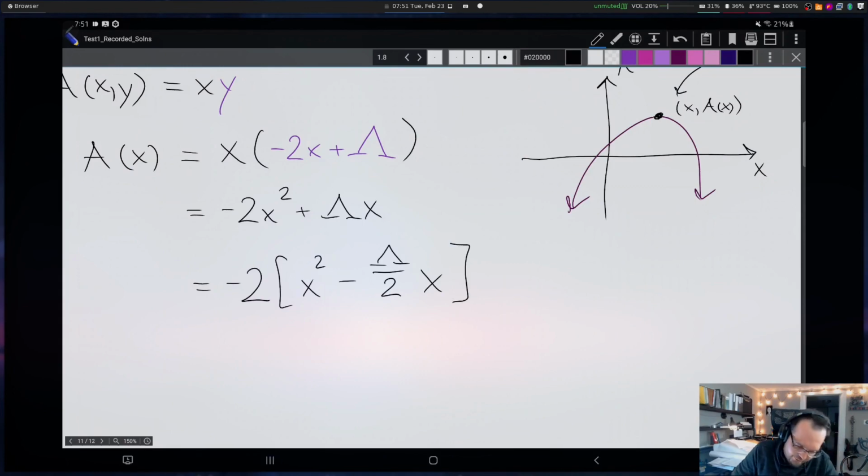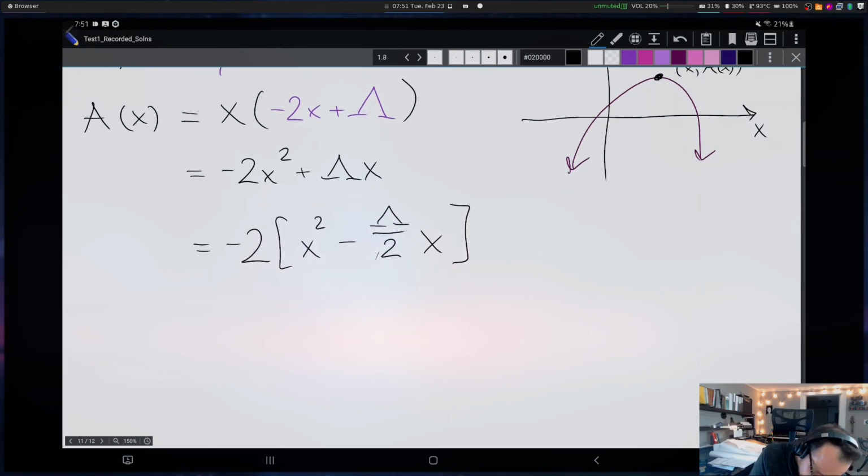I'm just factoring out a -2, so I check that when I multiply this back in, I get a -2x squared. Okay, that's what's showing up there. When I multiply this back in, I'm getting a -2 times a negative lambda over 2, and that is indeed a positive lambda, so I'm getting this coefficient back. Okay, so I pulled out a -2 correctly.